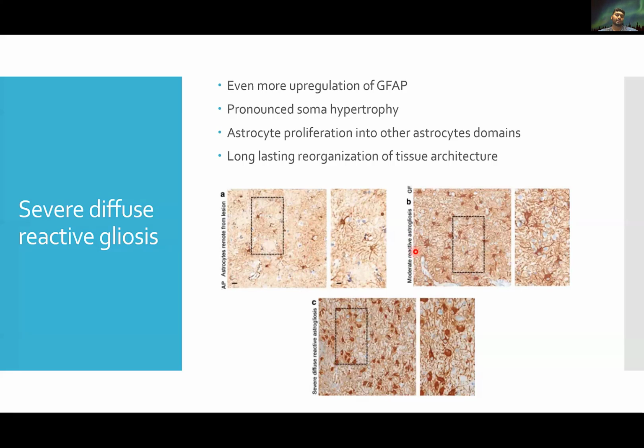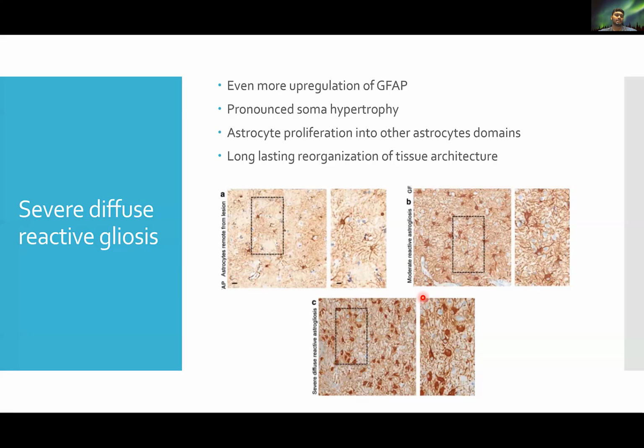Now, in moderate reactive astrogliosis, we can see that the soma is a lot darker, and the processes are a lot thicker. You can see that they're a little bit closer, but there's still not as much overlap as we'll see in this one. You can see there's still some division, there's still some separation from this one to this one, or this one and that one. We can still see some pretty sparse areas with no astrocytic processes.